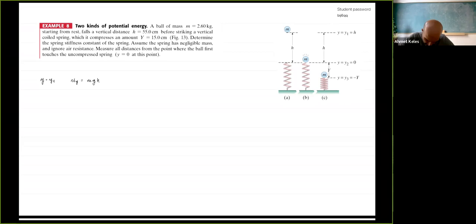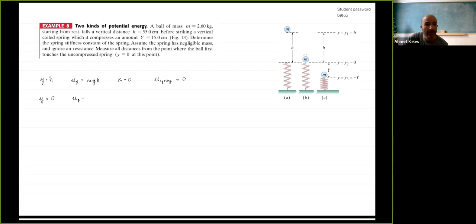Kinetic energy is 0. And we have a spring in this problem. Let me call it potential energy of the spring, which is equal to 0. So at y is equal to h here. And now y is equal to 0.